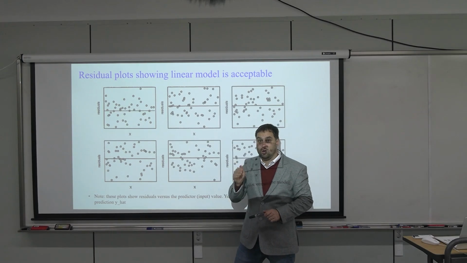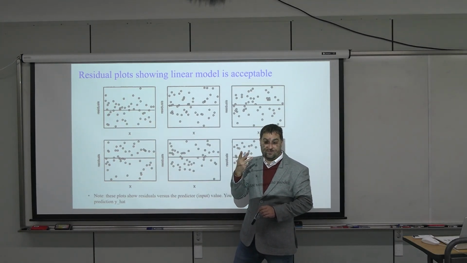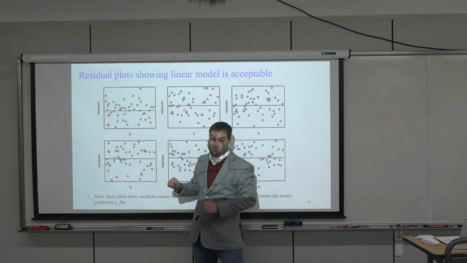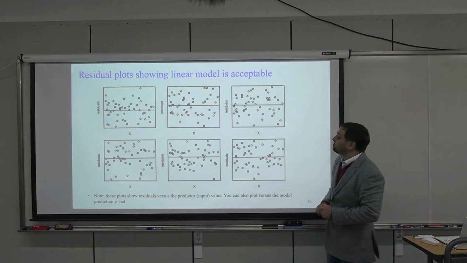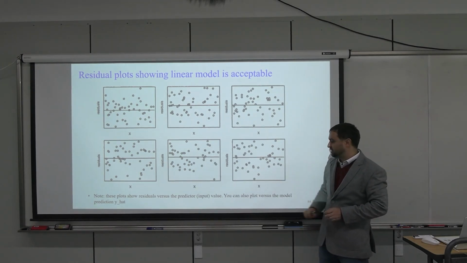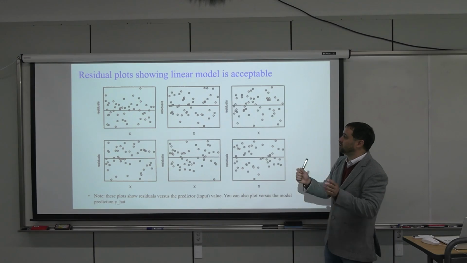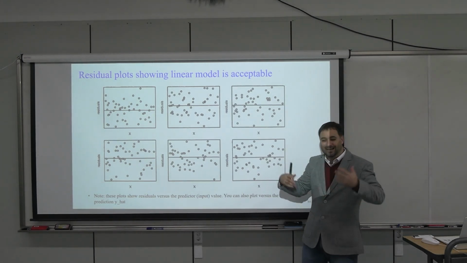And if you have multiple inputs, let's say you have three independent variables, x1, x2, x3, you need to make three sets of residual plots, one for each input dimension. Like these ones are versus the input variable. These residual plots all show that our linear regression model is probably acceptable.